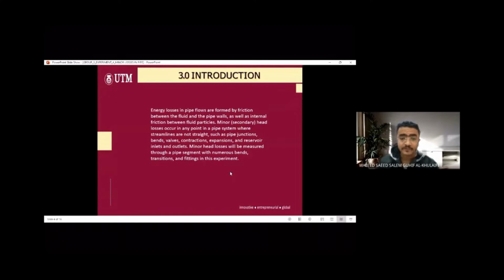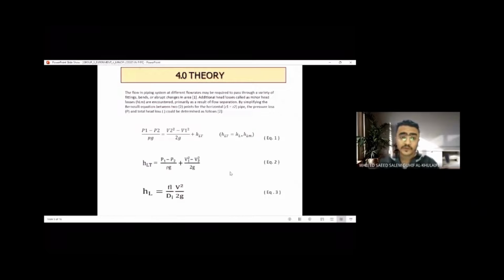experiment. Moving to the theory, the flow in a pipe system at different flow rates may be required to pass through a variety of fittings, bends, or other changes in area. Additional head loss, called the minor head loss, is encountered primarily as a result of flow separation.